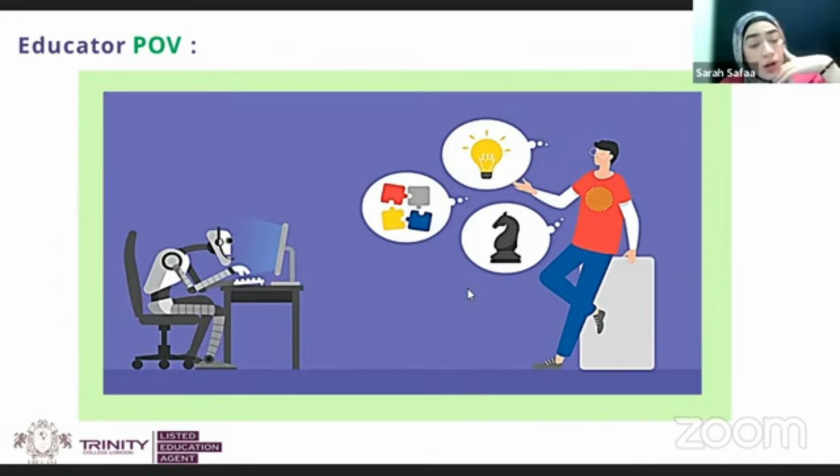Even though they are in the same level, they exert the same effort, and they study the same amount of time, one of them is very skilled and the other one cannot participate this much, cannot communicate well, and so on.